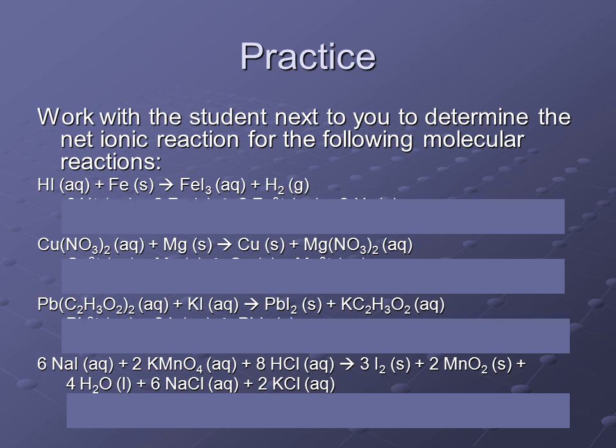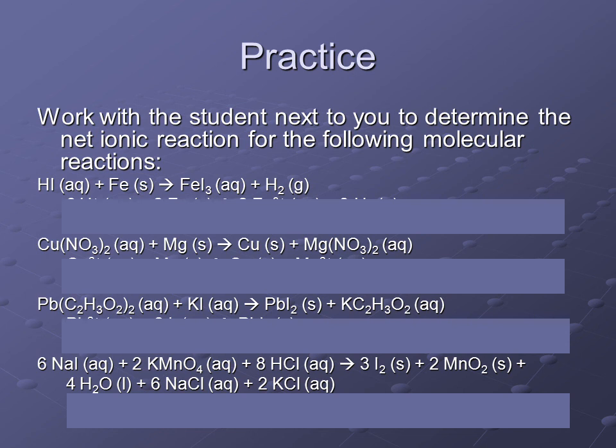This presentation was designed for an in-class presentation, but it actually works very well as out-of-class practice. Work by yourself to determine the net ionic equation for the following molecular reactions. Okay, go ahead. Get out a piece of paper and actually do this.